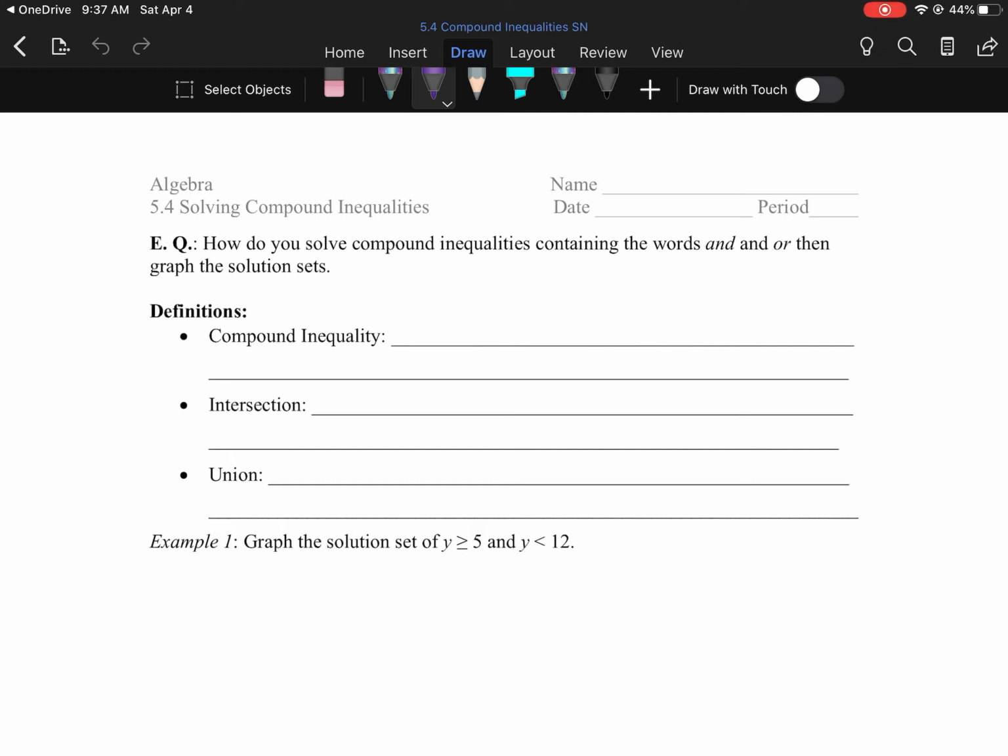All right, so lesson 5.4 is compound inequalities. So we have a couple definitions for today. The first one is for compound inequality.